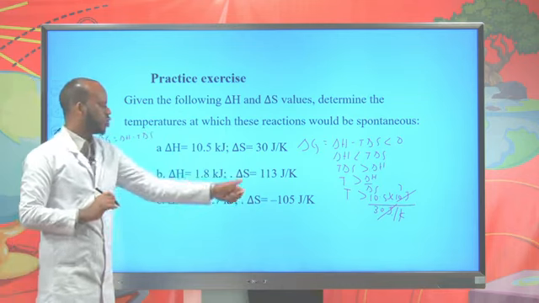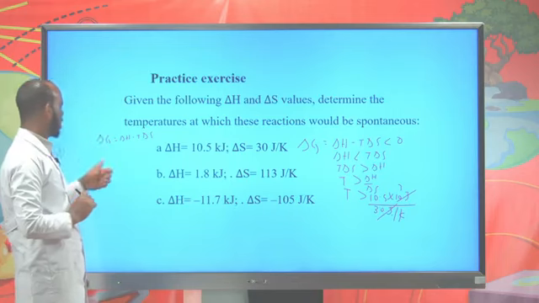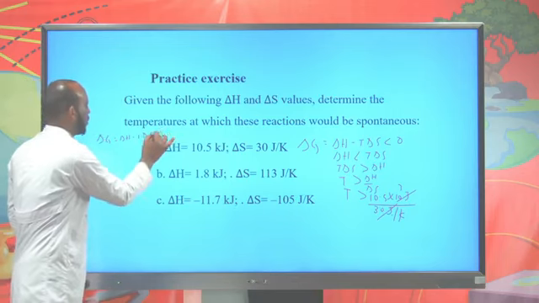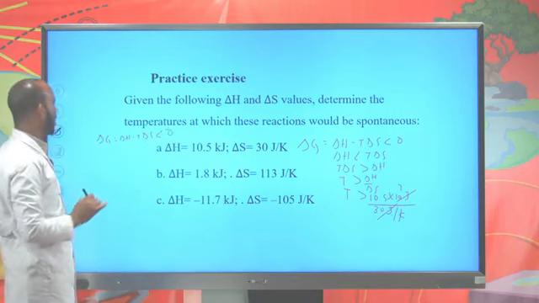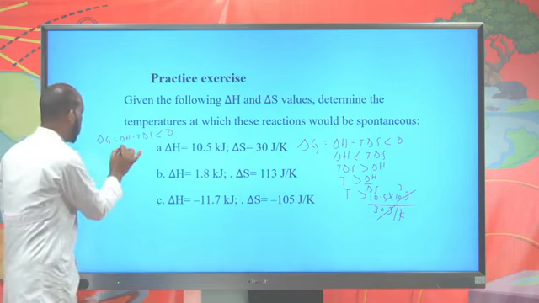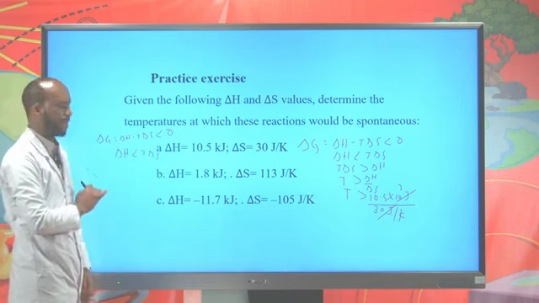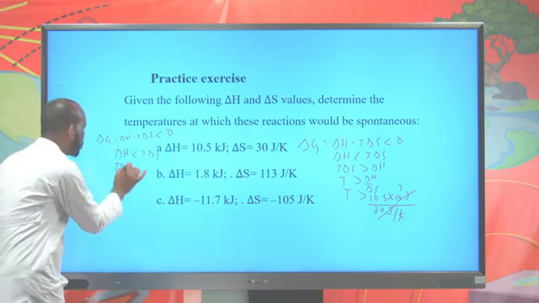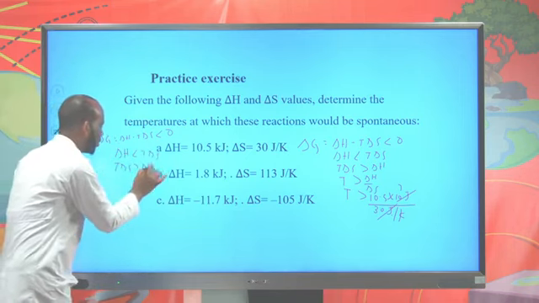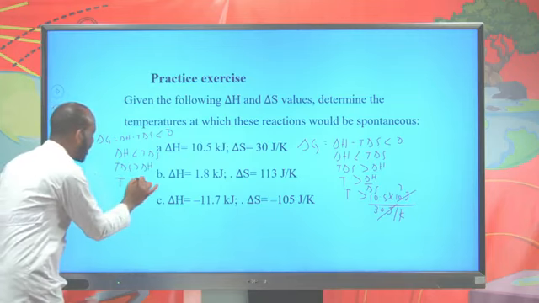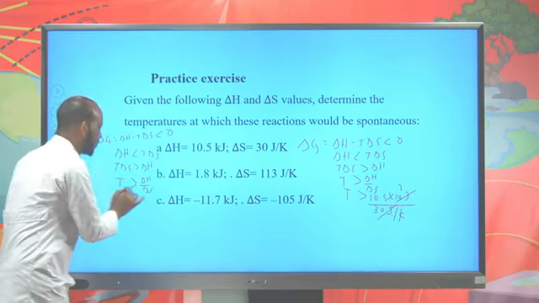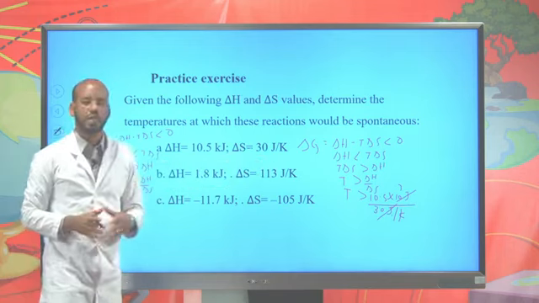For this reaction to be spontaneous, the Gibbs free energy change, delta G, must be less than 0. We can write this as delta H is less than T times delta S, or T times delta S is greater than delta H. For T greater than delta H divided by delta S, this reaction would be spontaneous.